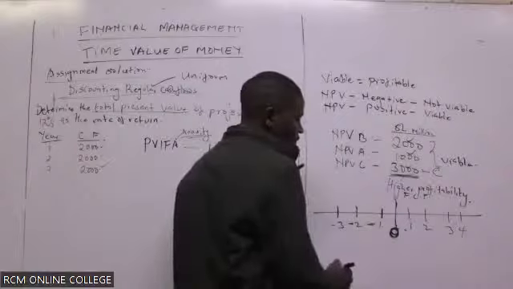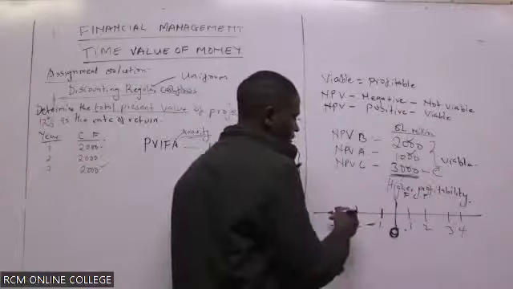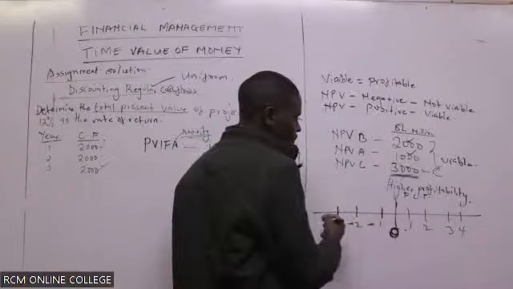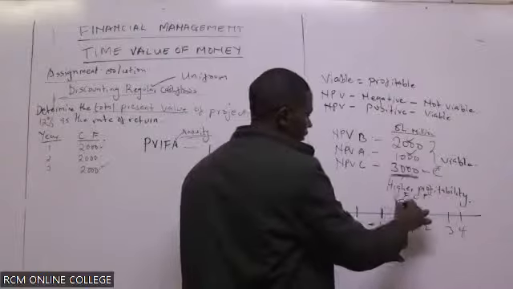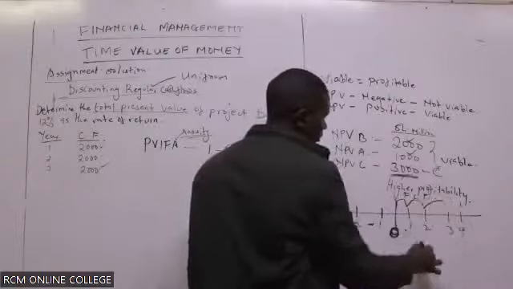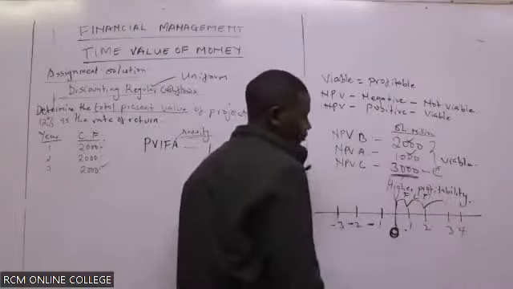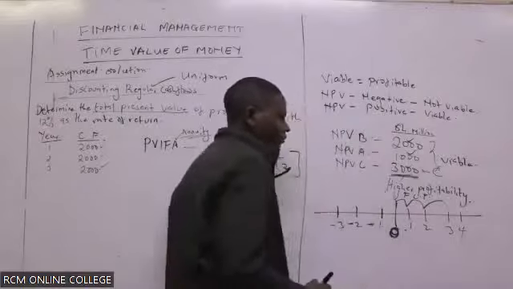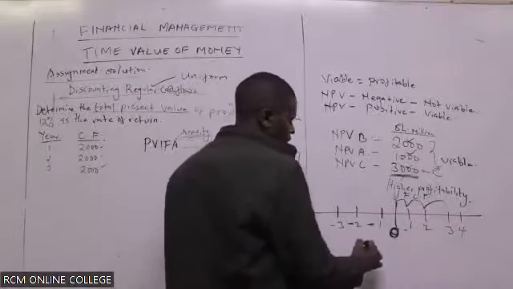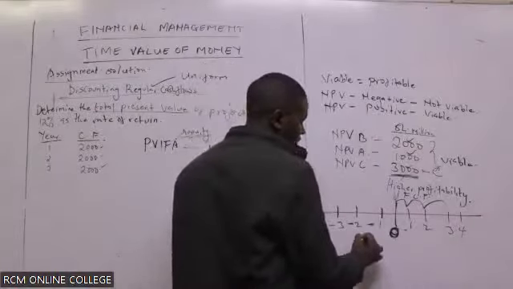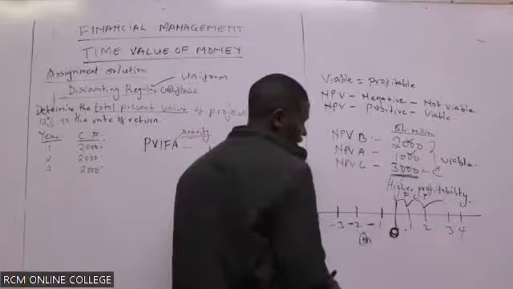Negative. If you have present cash flow and you want to take it into the future, where will we be going? Forward. So if you are compounding, n will be positive, but there's no need of writing positive.